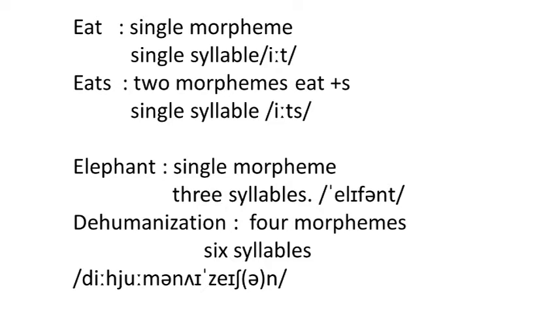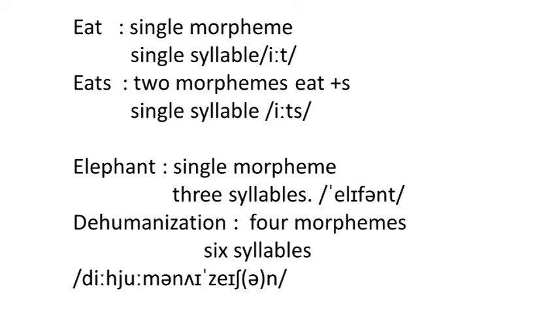So eats is a single syllable, but is it a single morpheme? No, it is not, because the word eats consists of two morphemes, eat and s.